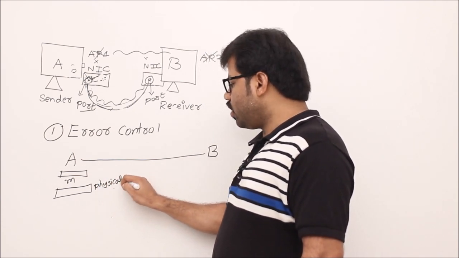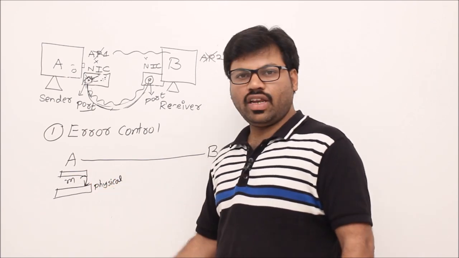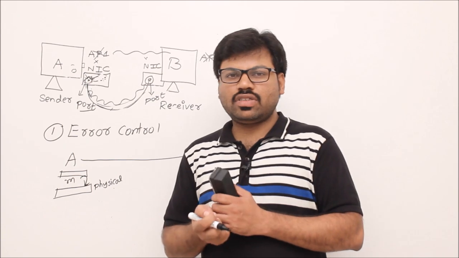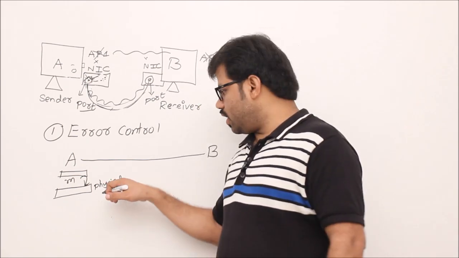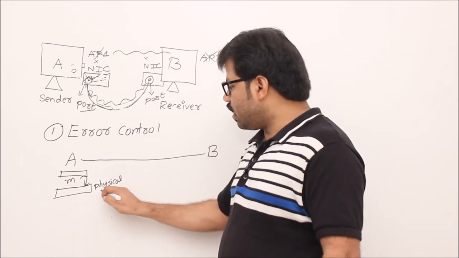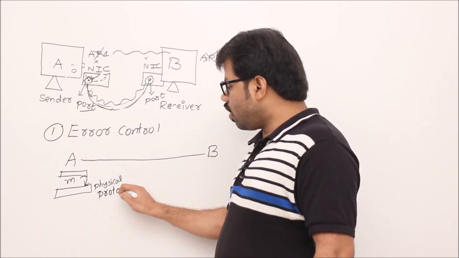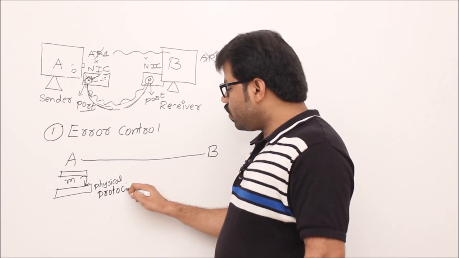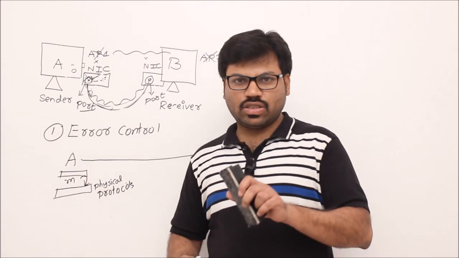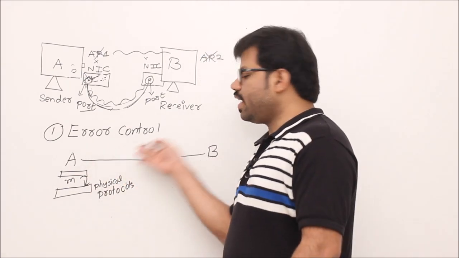You simply hand over that message to this physical layer software. Most of the time we require very minimal software here in the physical layer. What is the job of that software? Otherwise we say protocols. What is the job of those protocols? The job of these physical layer protocols is nothing but simply converting that message to signals and sending it.